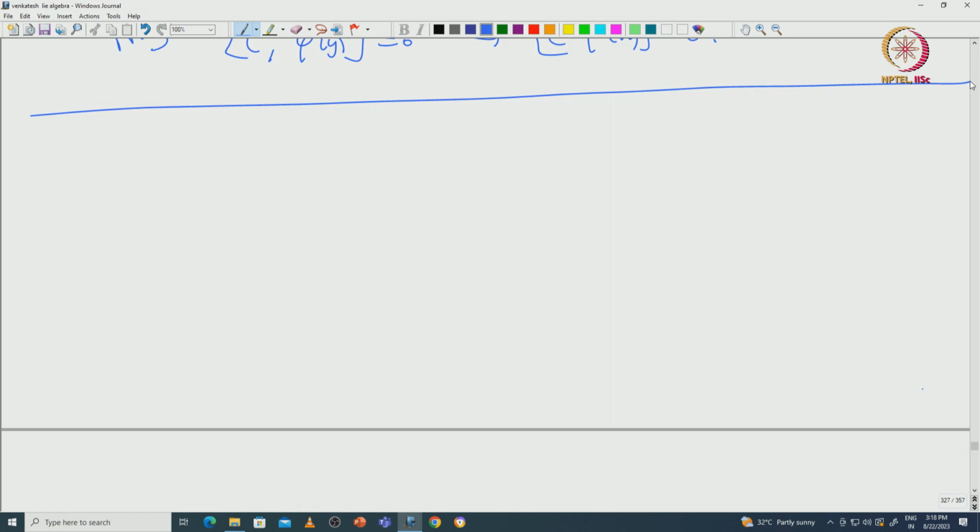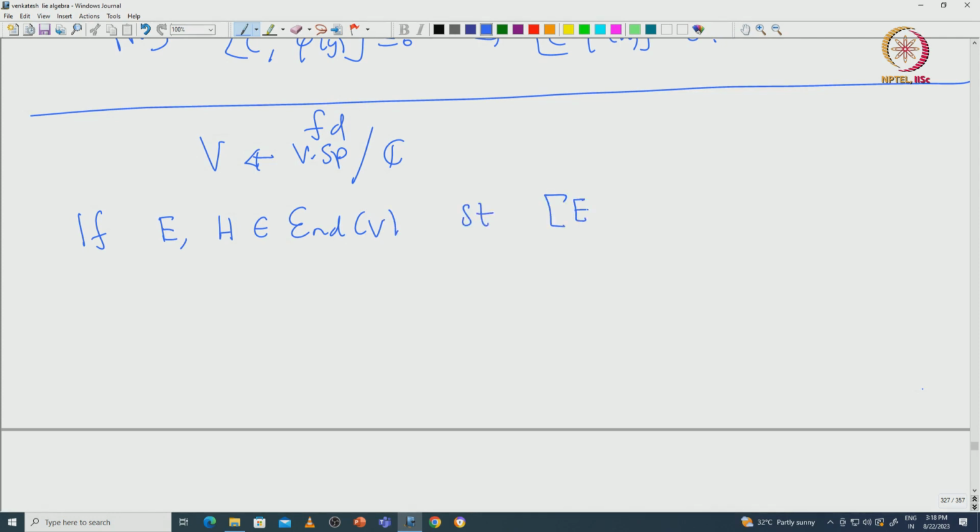If you have two operators acting on a vector space, let us say V is a finite dimensional vector space over C, and the two operators on V are E and H, such that the bracket of E and H is given by some scalar times E, where we assume that this scalar is non-zero.